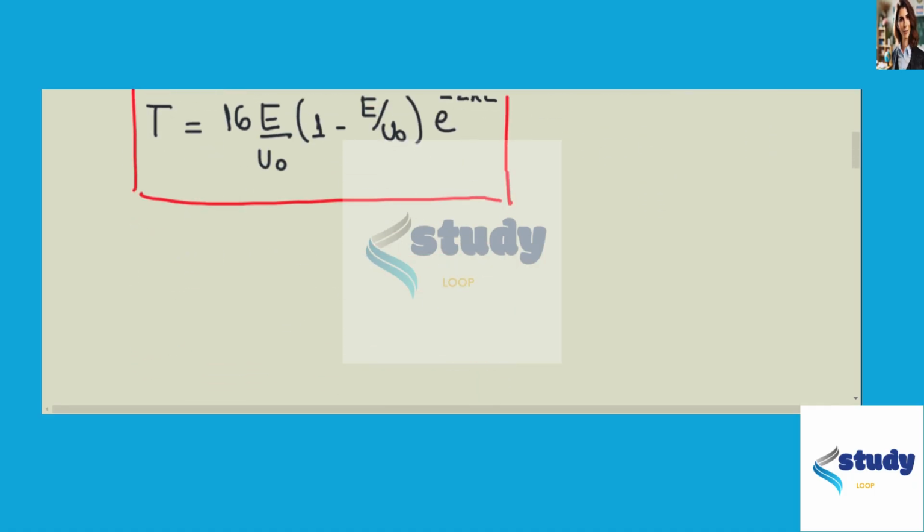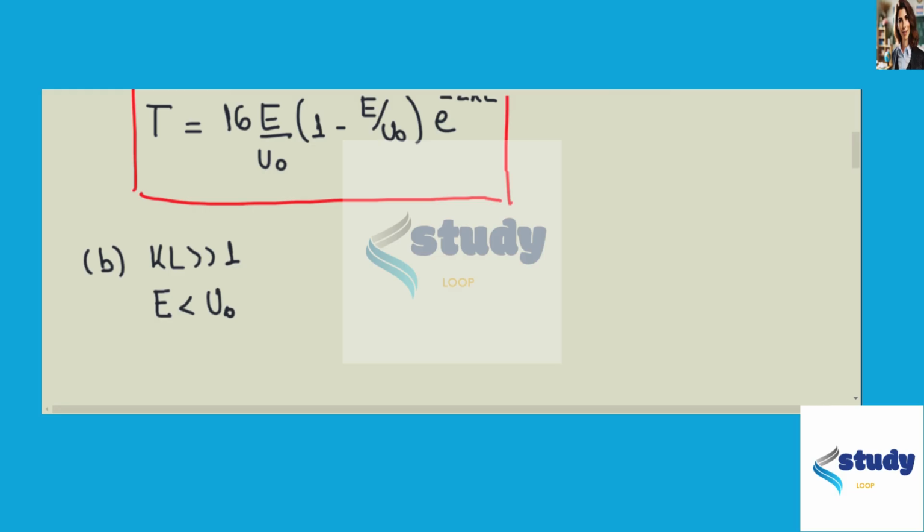Then we have to explain why imposing that KL is much greater than 1 implies that either the barrier is relatively wide or that the energy E of the particle is small compared with U0.